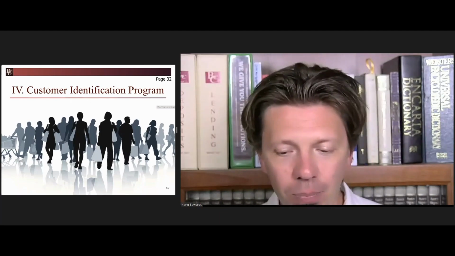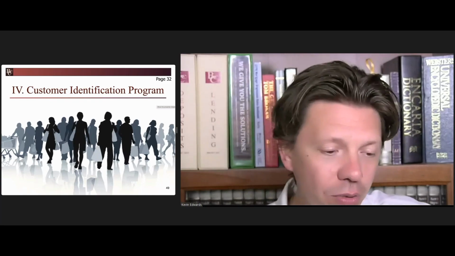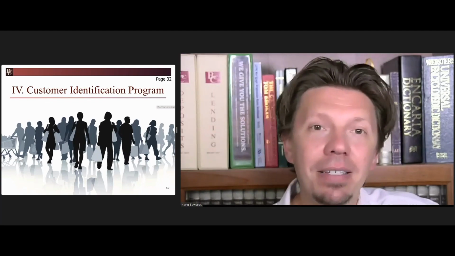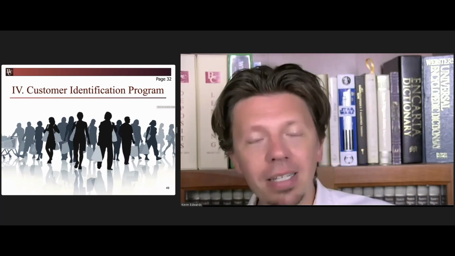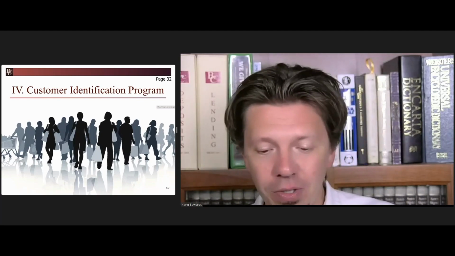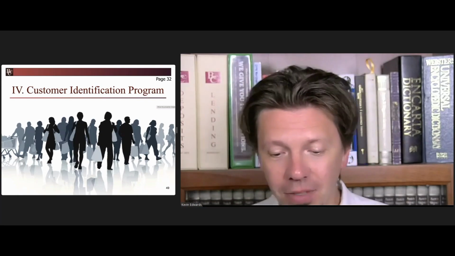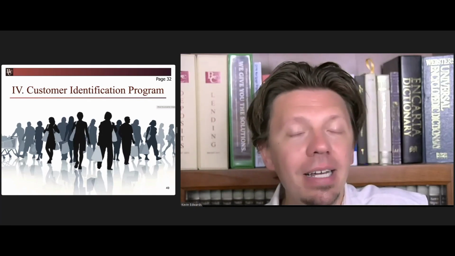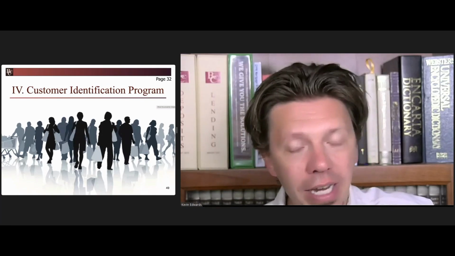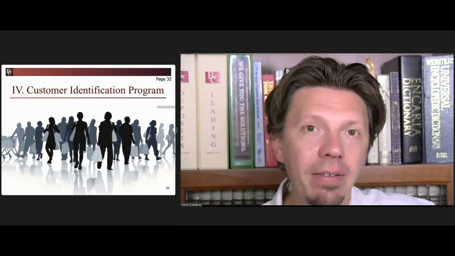Now, the written program must include at a minimum, so we're on page 32, look at number 2 there. The minimum things that have to be laid out is the process, and they have policies and procedures in place to gather the following information, okay? Name, address, taxpayer ID number, or TIN, oftentimes a social security number, and then look at the bottom one, date of birth for individuals, okay?